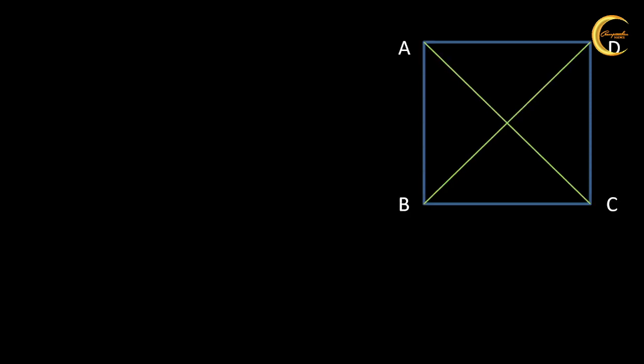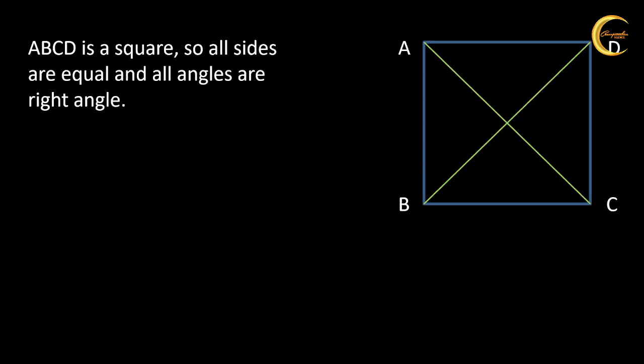Again, this is a very simple proof. ABCD is a square, all its sides are equal and all angles are right angles.